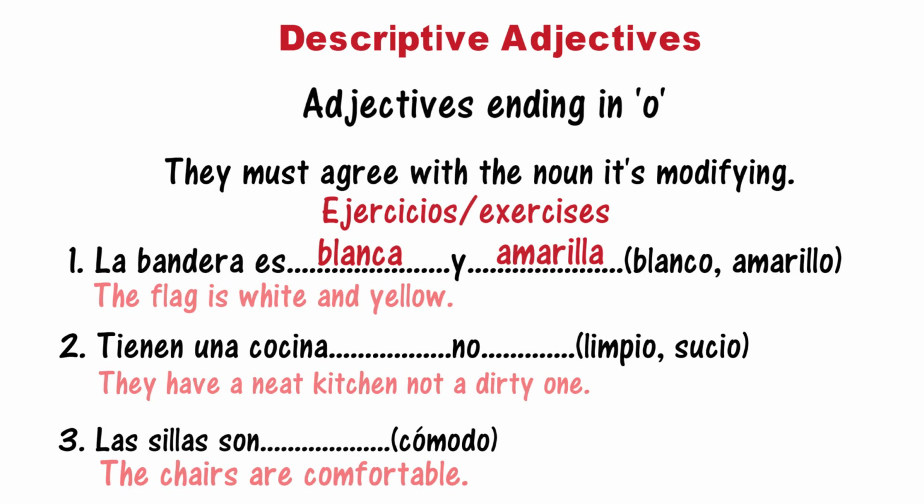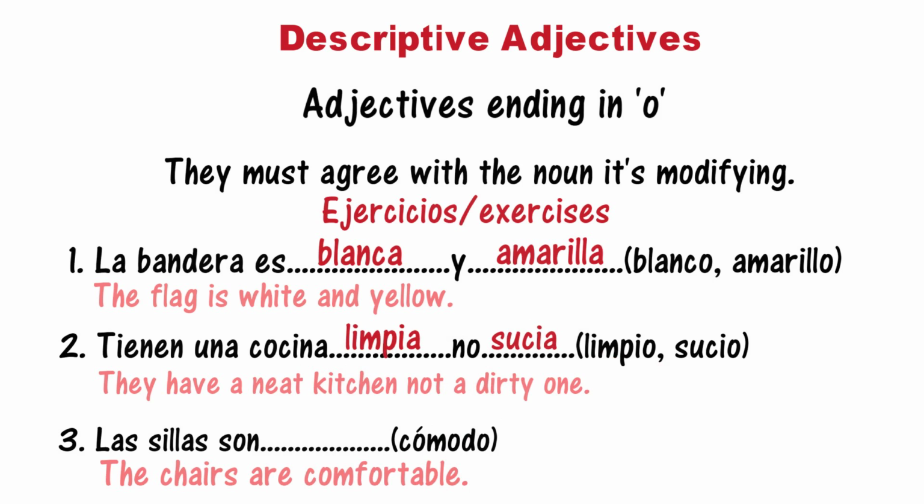Let's go to the second sentence. Tienen una cocina, no, and our adjectives are limpio, sucio. The answer is: tienen una cocina limpia, no sucia.